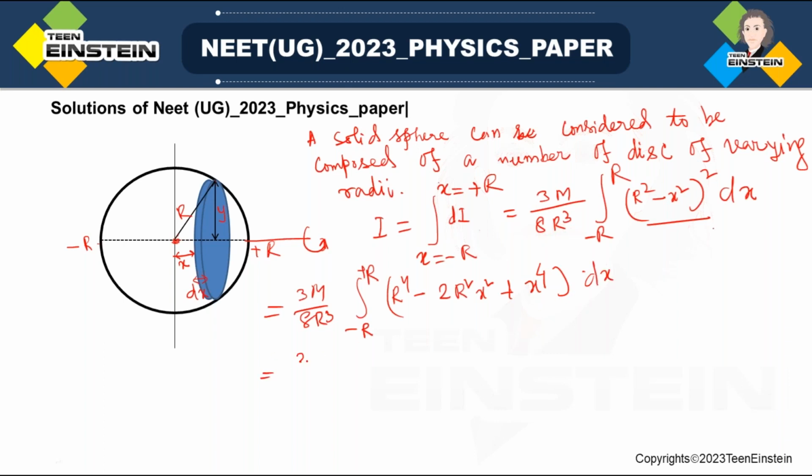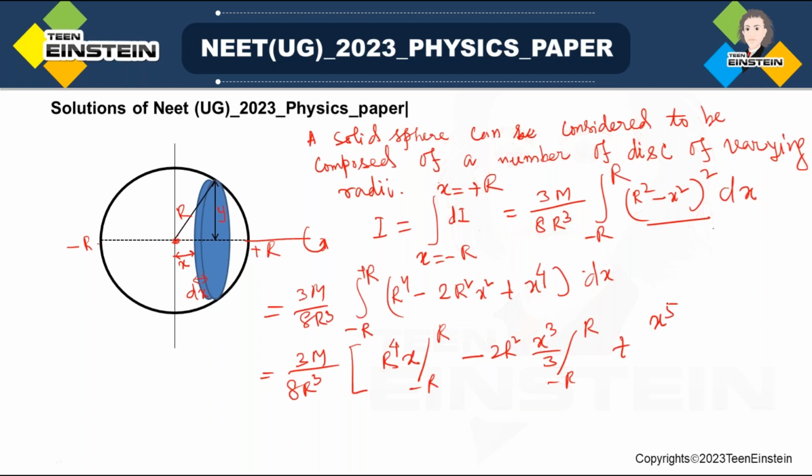Then this will be 3M by 8R cube as it is, R to the power 4 x from minus R to plus R. Here minus 2R square, then x cube by 3, here also from minus R to plus R, then x to the power 5 by 5 from minus R to plus R. So these are the limits.